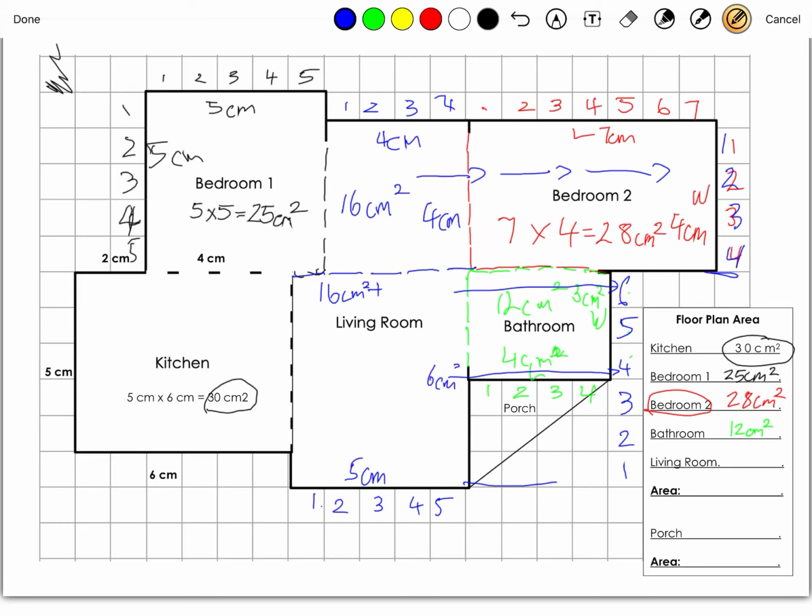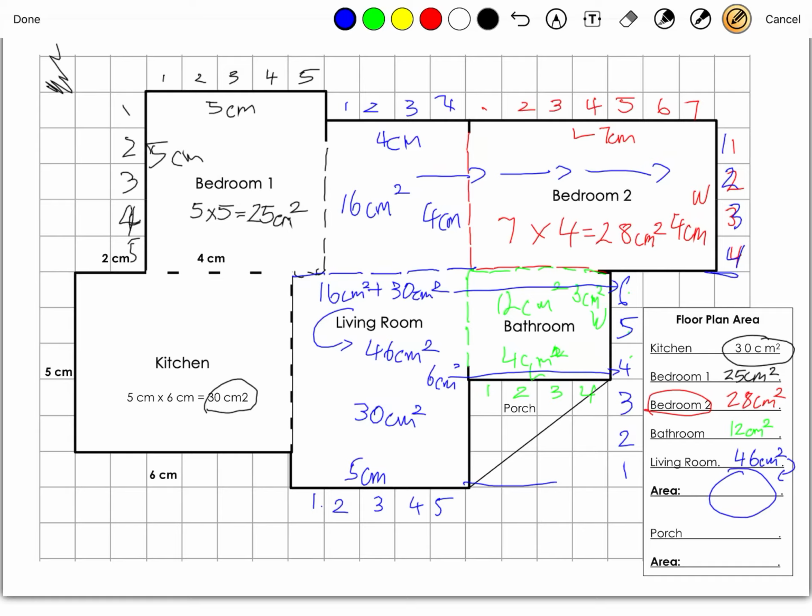So it's 6. So 5 by 6 centimetres. Okay, what's 5 times 6? That equals 30 centimetres squared. Then we need to add 16 as well, which equals 46 centimetres squared.